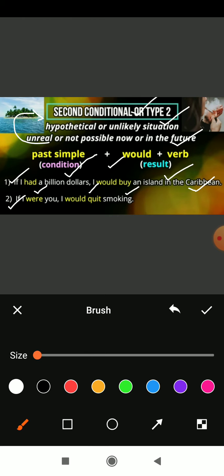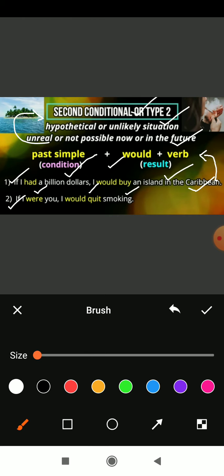See how the sentence is formed by using the correct forms of the tenses. Yes or no? This is the first sentence which is best suited for the second conditional clause. Anyone can't buy an island, anyone can't have $1 billion, because this much amount can be purchased by a big private company, not by an individual.